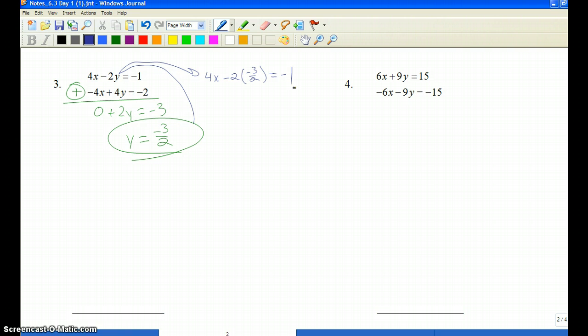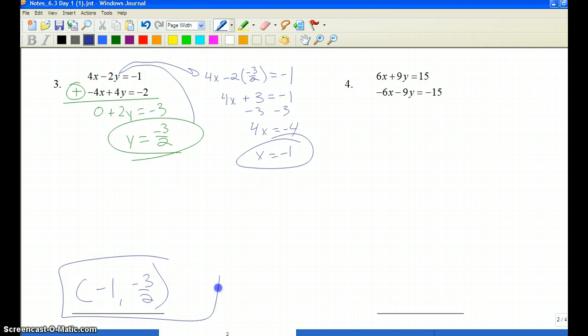It's negative 2 times negative 3/2 is going to be positive 3, correct? Minus 3, minus 3. 4x equals negative 4, x equals negative 1. So we get our solution, negative 1, negative 3/2. Any questions on that?